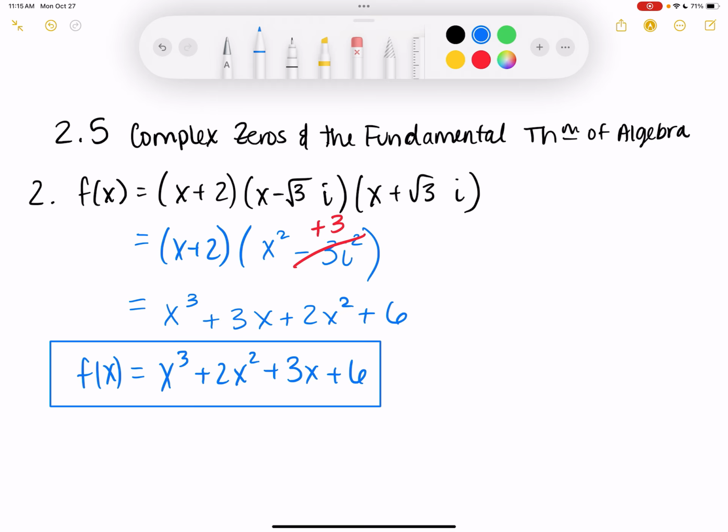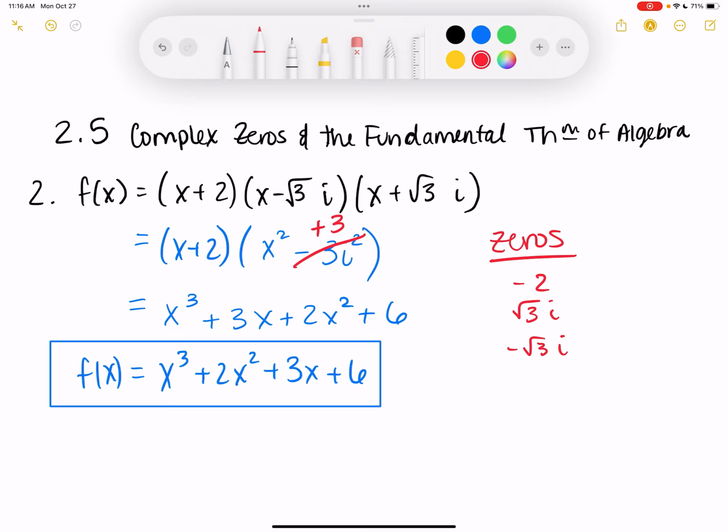They also asked me to list the zeros and the x-intercepts. So how many zeros does this function have? 3. So the zeros are just changing the sign on each of these values, because if we set it equal to 0 and solve, that's what we would get. So my zeros are negative 2, positive root 3i, and negative root 3i.